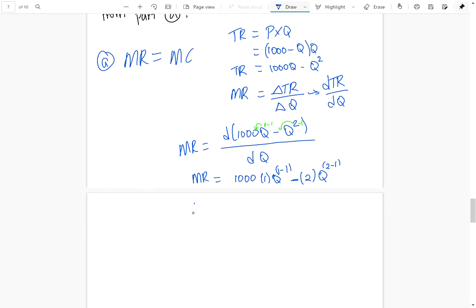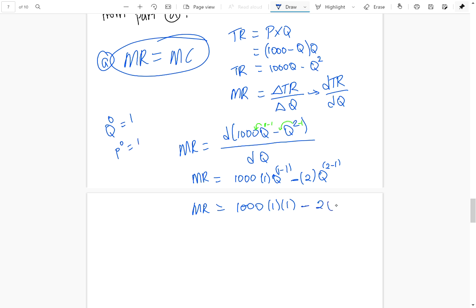Okay, so MR is equal to 1,000 times 1 times 1, where anything raised to the power of 0 is 1, right? Minus 2 times Q raised to the power of 1.